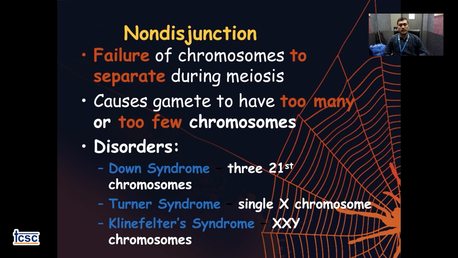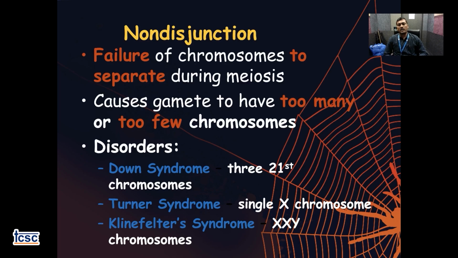Mitosis is the cell division which occurs in somatic cells. And what is meant by meiosis? Meiosis is a kind of cell division which occurs in germ cells. So meiosis is for germ cell division and mitosis is for somatic cell division, right?